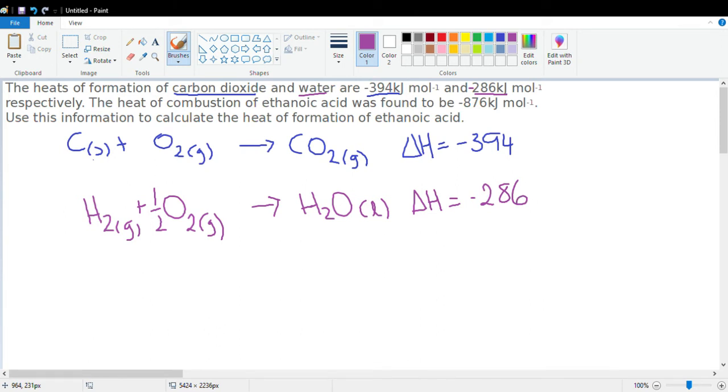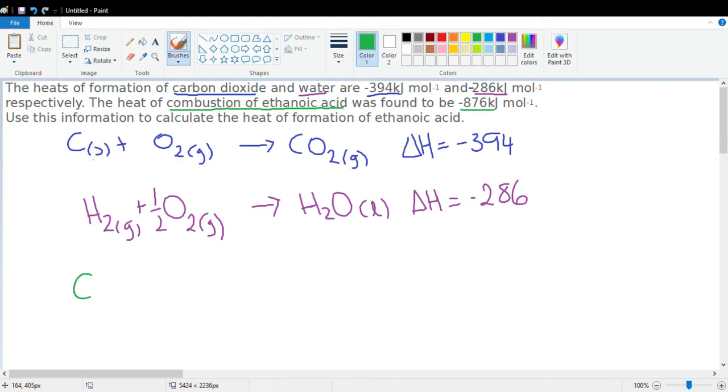Okay, and the last bit of information that we are given is for the heat of combustion of ethanoic acid. So heat of combustion, to revise that, is the heat change when 1 mole of the substance is completely burned in excess oxygen. So ethanoic acid being burned completely in oxygen. So let's write the equation for that.